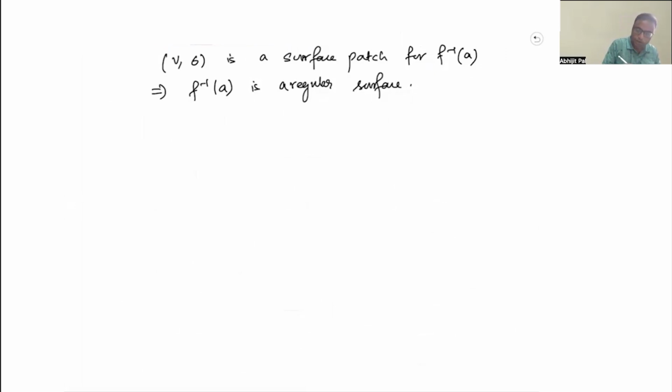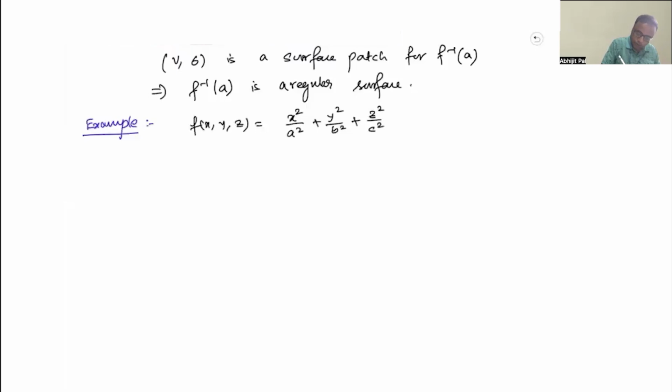Now again, if I go back to that example, if I take f(x, y, z) equals x square by a square plus y square by b square plus z square by c square.